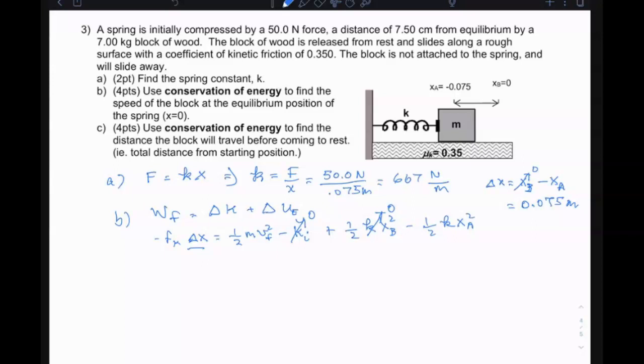Okay, so we're ready to solve for the velocity v sub b because we know everything else.